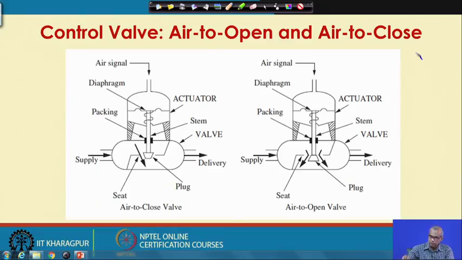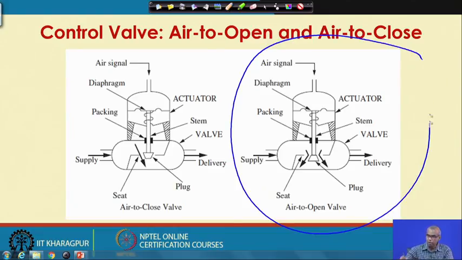In case of air to open valve, as the valve top pressure increases, the flow rate through the valve increases because the valve opens more. You can achieve this by simply changing the shape of the plug and without changing anything else.